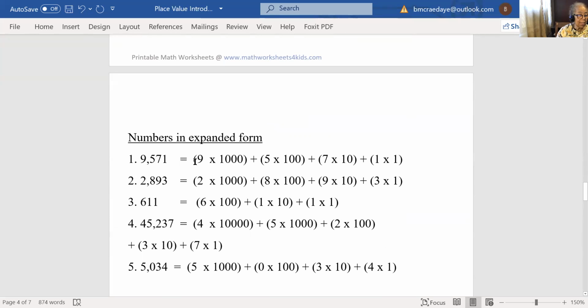So when you expand it, that's what you write. 9 times 1,000 plus 5 times 100 plus 7 times 10 plus 1 times 1. That represents 9,571. Notice when you say it in words, it makes it clearer when you have to expand it, because you're saying the thousands, in this case, 1,000, 100, tens, and 1.